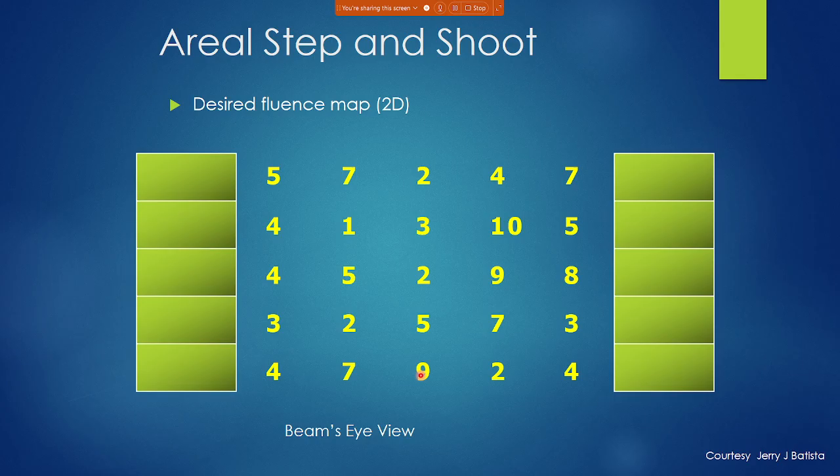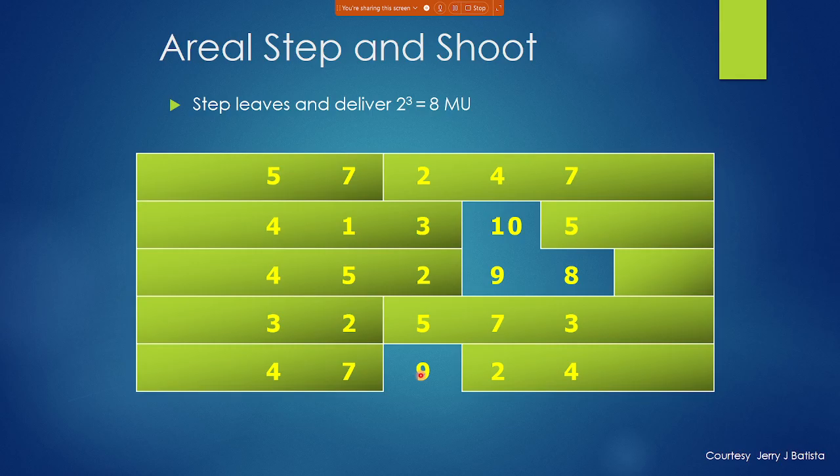Here I use an equation called 2 power n, where n is the number required to reach the maximum mu in that fluence, right? For example, 2 power 4 will become 16. I don't have 16 here. So the next smaller value is 2 power 3.